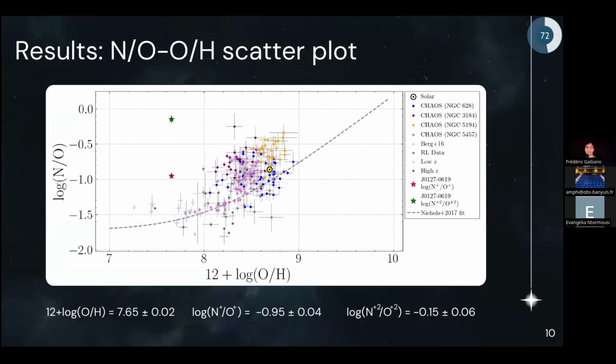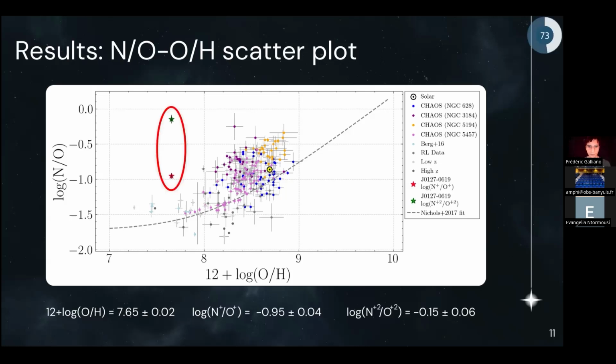So using PyNeb, we estimated the chemical abundances, well, the ionic abundances of different elements in our galaxy, and we first plotted the relationship between the ratio of the ionic abundances of nitrogen and oxygen against the oxygen abundances of our galaxy. And in order to use as a reference, we also plotted in this diagram those same values, but for different galaxies in the CHAOS survey, as well as using galaxies from low and high redshifts.